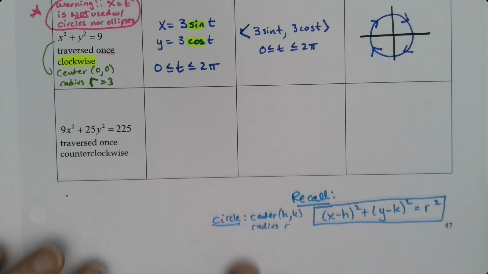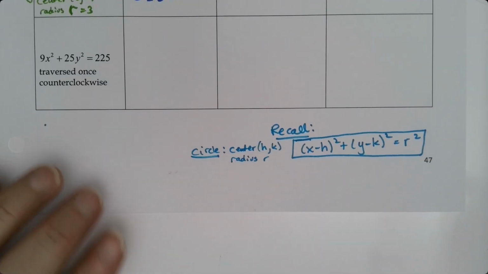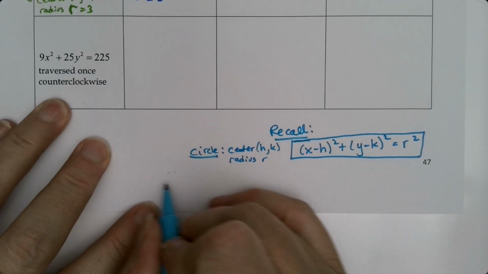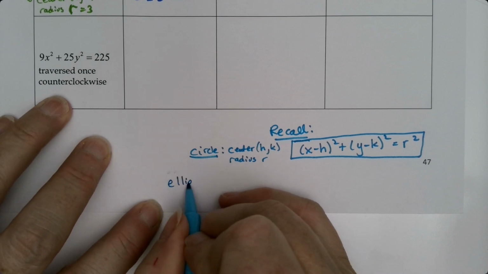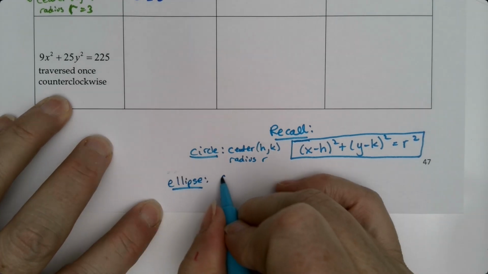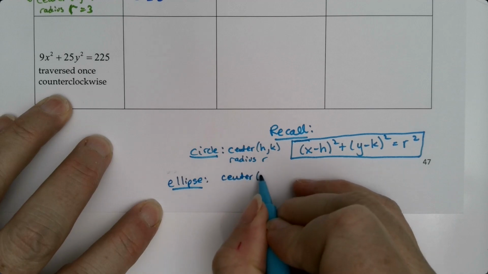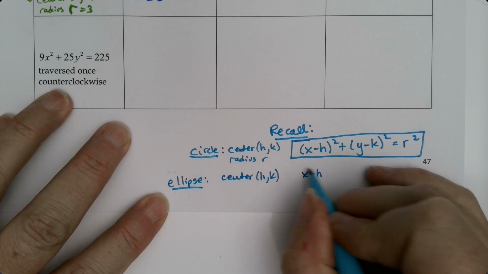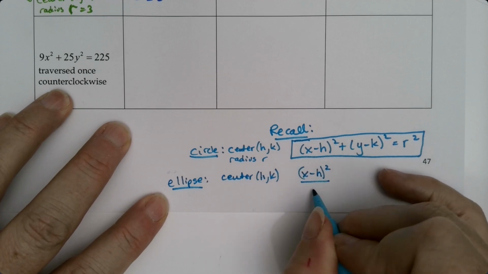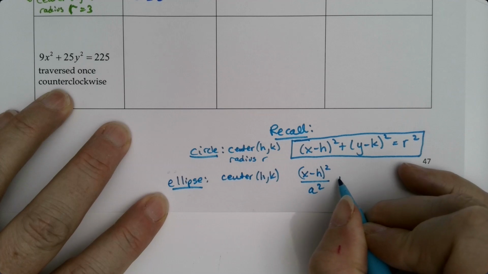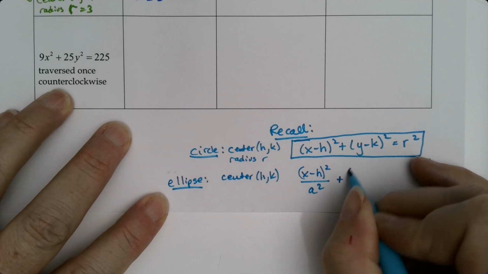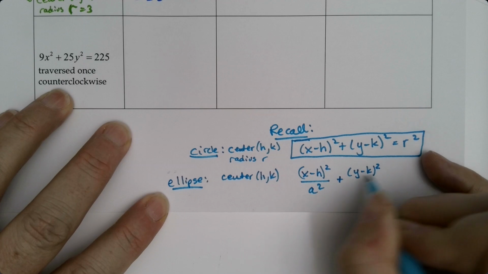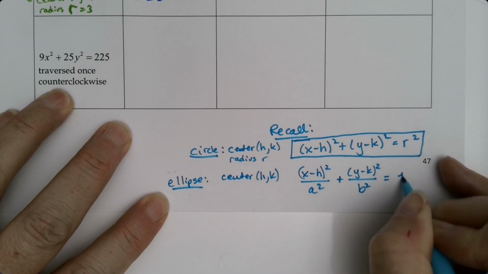Okay, so that leads us to reminding ourselves what the standard form for an ellipse is. An ellipse with center (h, k) is written like this: (x minus h) squared over a squared plus (y minus k) squared over b squared equals 1.